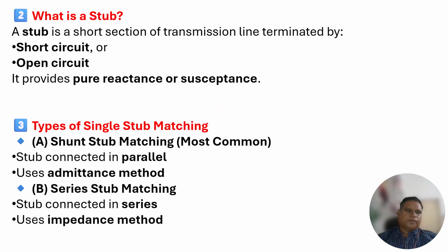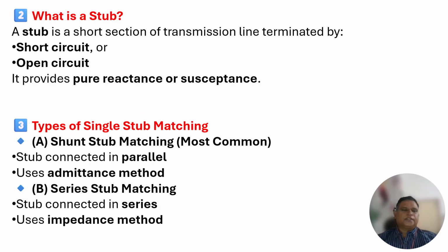What is a stub? A stub is a short section of transmission line terminated by a short circuit or an open circuit. It provides pure reactance or susceptance. Types of single stub matching: shunt stub matching, the most commonly used one, where the stub is connected in parallel and uses the admittance method.